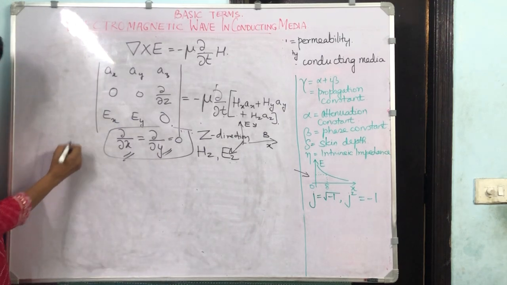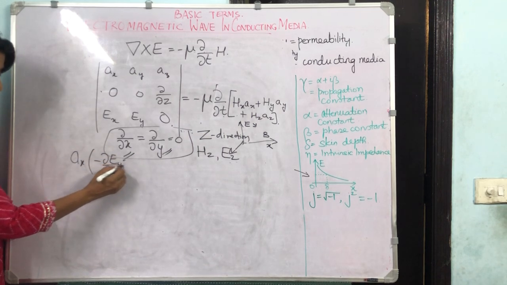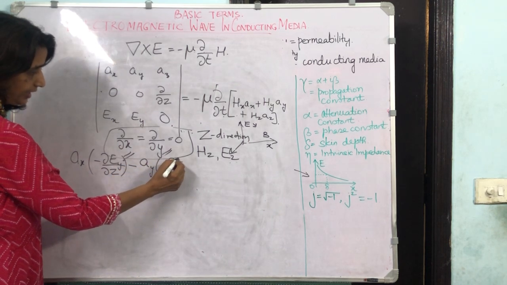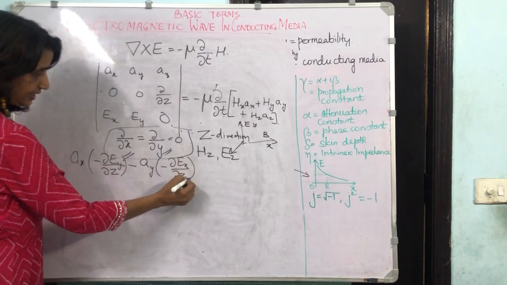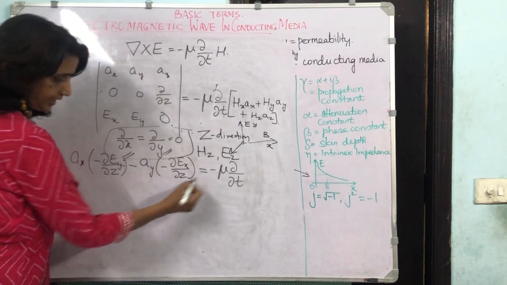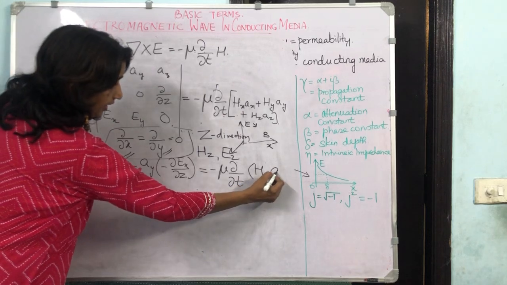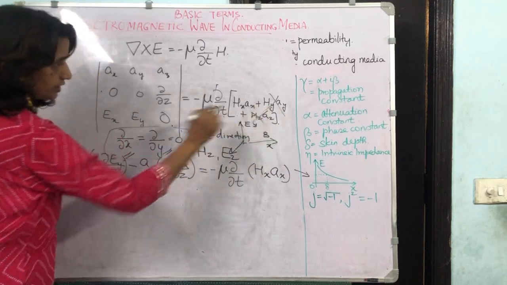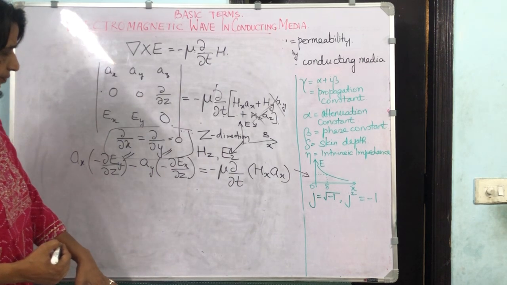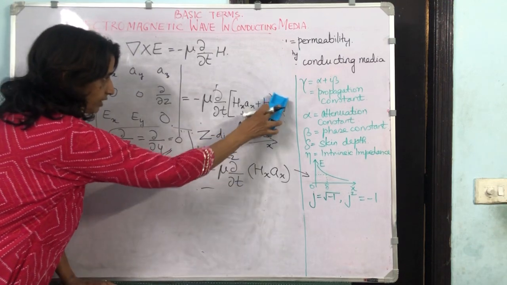On opening this expression, AX minus del EY by del Z minus AY del EX upon del Z is equal to minus mu del upon del t into HX AX, all the rest of the terms we will not be concerned with, minus HY AY.